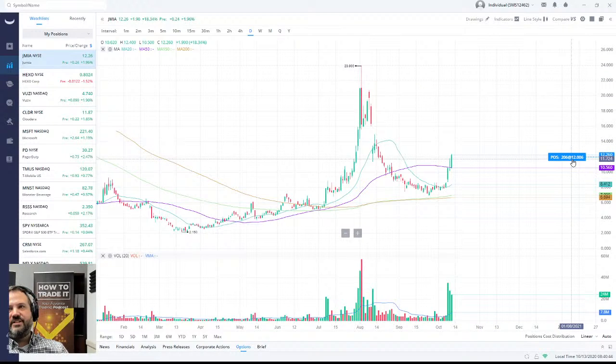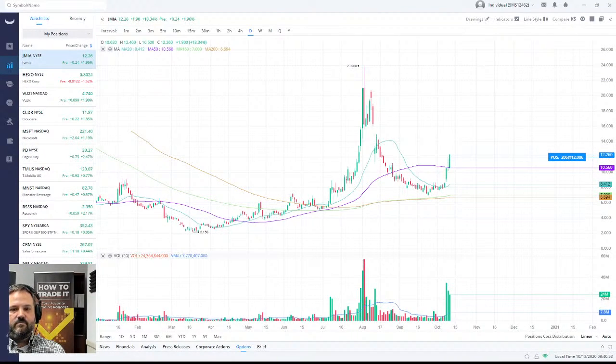And then I would actually double the trade. Get in at 12, get out at 24. That would be a double. So that would be pretty good. So JMIA and MNST, those are the two trades I got from yesterday.